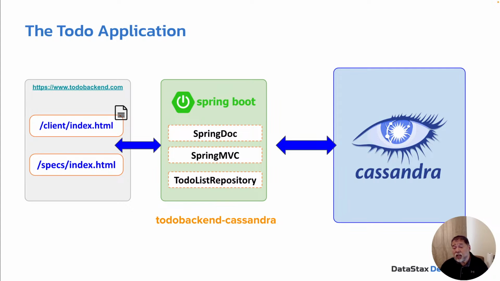Spring Data is a really cool part of the Spring framework because it simplifies the connectivity and the mapping from Spring Boot to Cassandra. Cassandra has its own query language called CQL, or Cassandra Query Language. And yes, it sounds a lot like SQL.